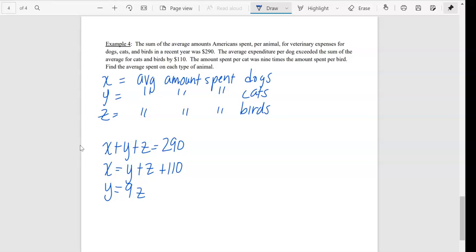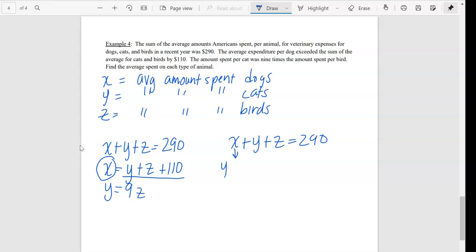Okay, now before we were kind of trying to get everything in terms of one variable. So when we do that, one thing we could think about doing is, so I've got X plus Y plus Z is equal to 290. So X is equal to Y plus Z plus 110. That's what X is.